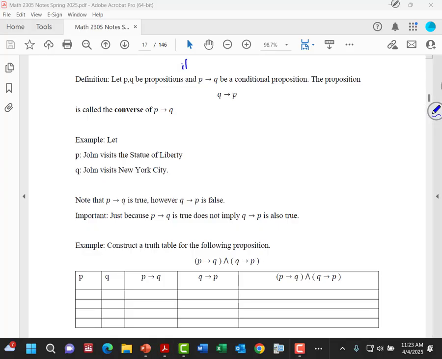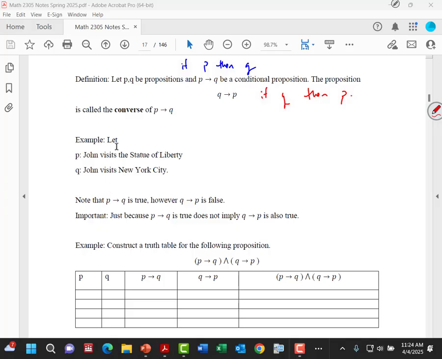So if P, then Q. The proposition Q implies P is called the converse of P implies Q. So the converse, Q implies P, is simply read if Q, then P.